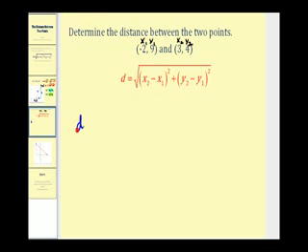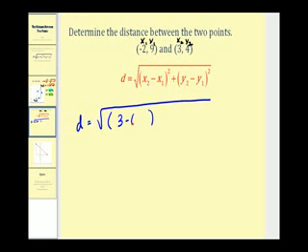Okay, so our distance should be equal to the square root of x2 minus x1. That'll be 3 minus -2 squared plus y2 minus y1. That'll be 4 minus 9 squared. And now we need to simplify this.